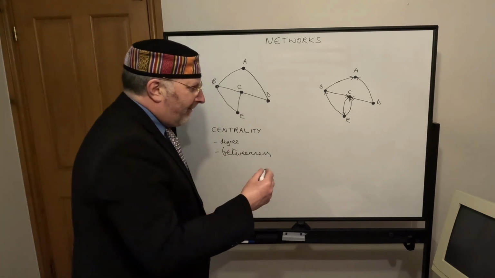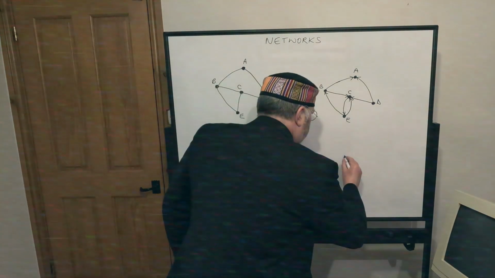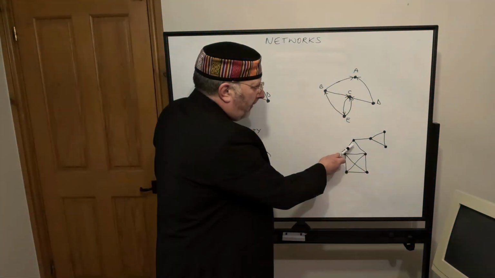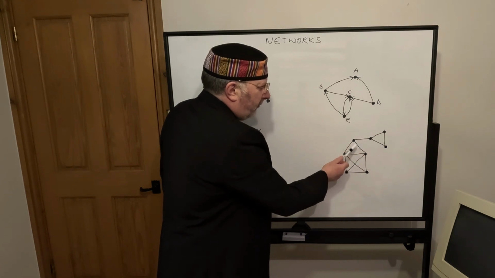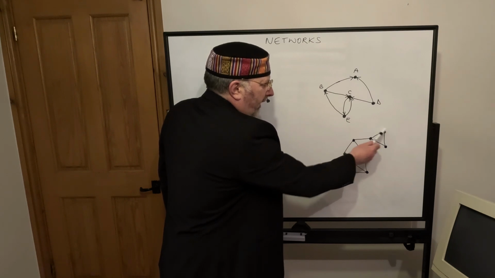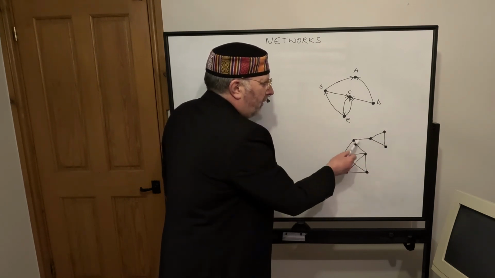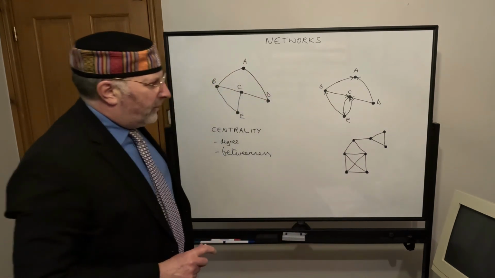So if we have a network, let's say like this, in this case, these nodes would have a high degree of betweenness, particularly this one, because all the paths to get from this part of the network to this one and vice versa must go through that node. So it has a high degree of betweenness.